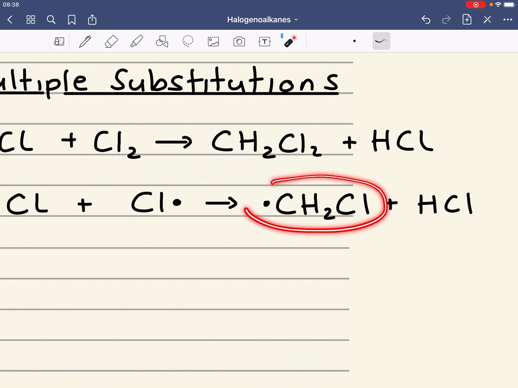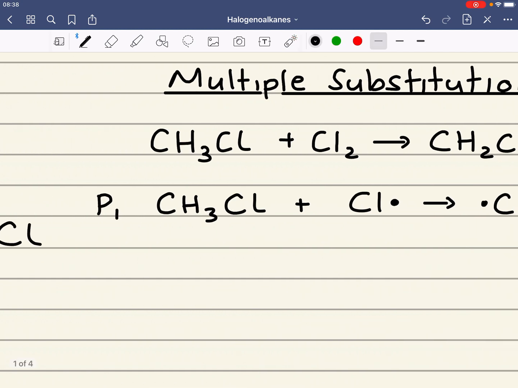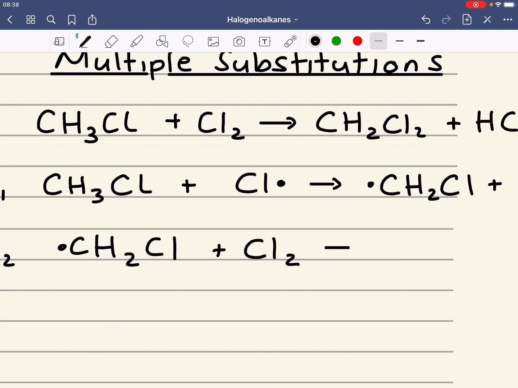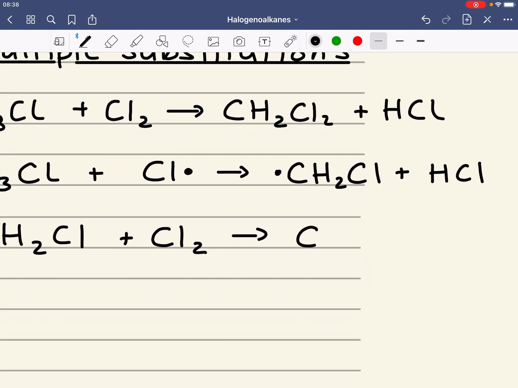Then this radical always reacts with chlorine in the second propagation step. So P2, that reacts with chlorine, and that produces your CH2Cl2, and again reforms your chlorine radical.